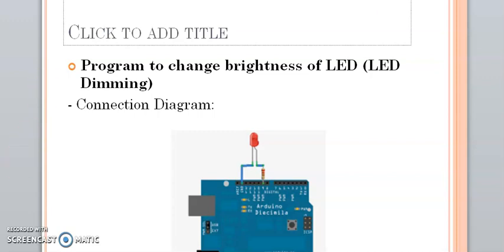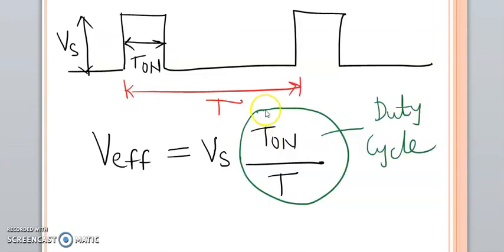By changing this T on period, the duty cycle, which is T on by T, changes, and automatically the corresponding V effective voltage also changes. So this relation tells you the relation between the effective voltage generated and the duty cycle.